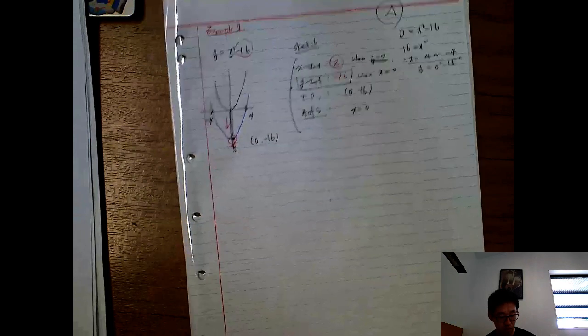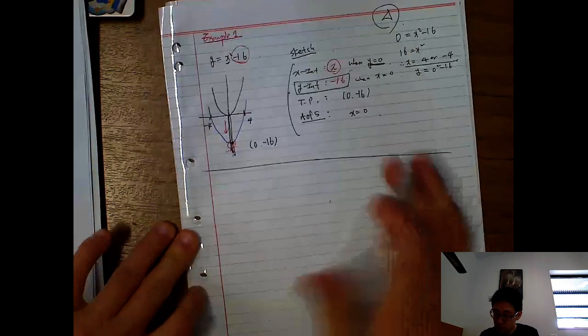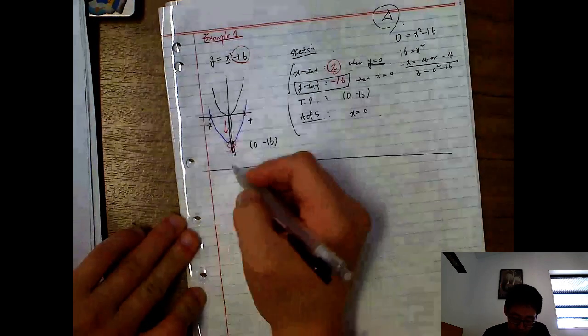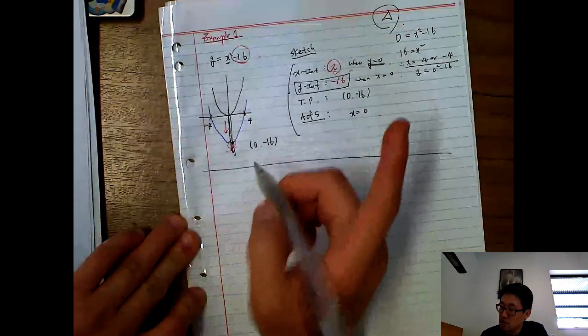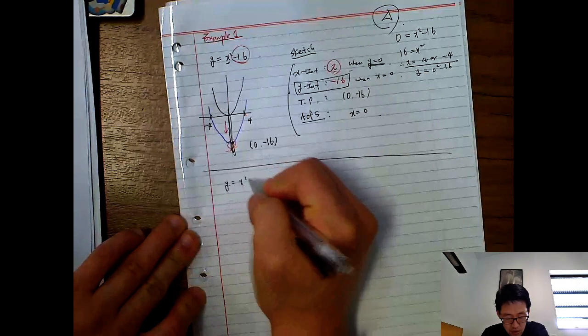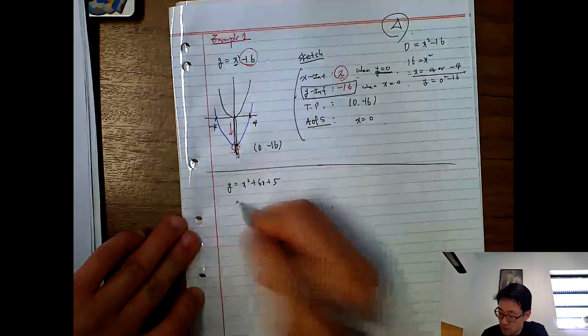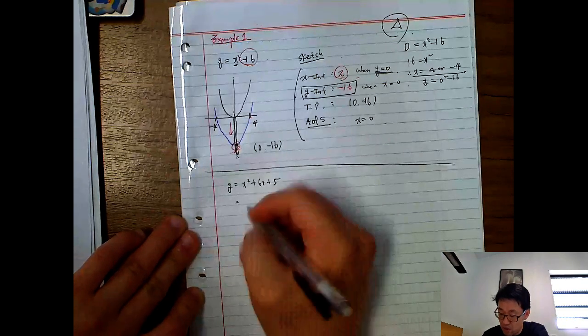And question 2. When we solve it, rather than using A, B, C, the formula, I'll probably just use the turning point form straight away.